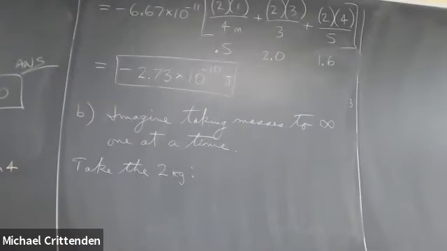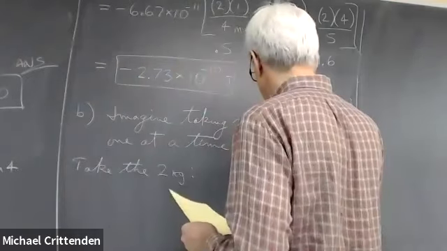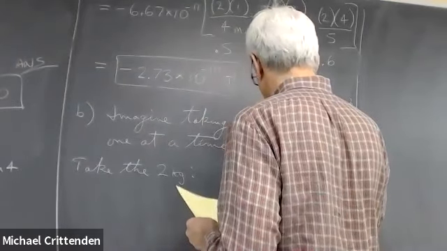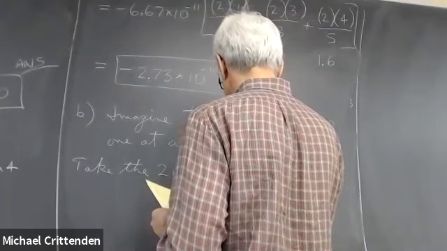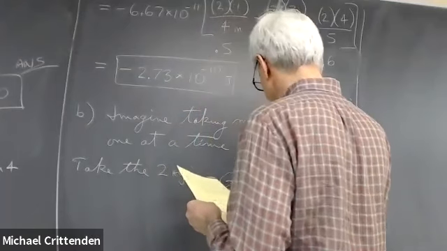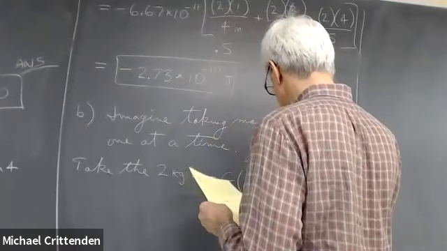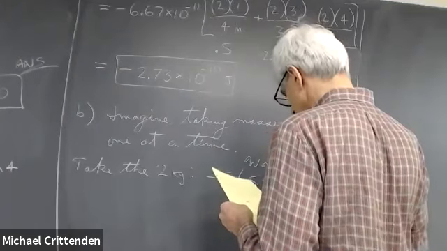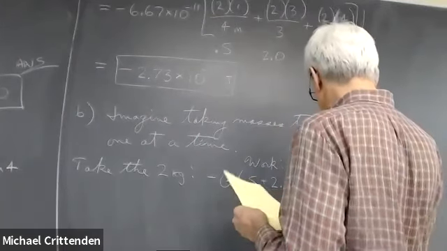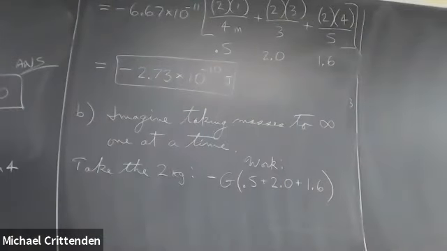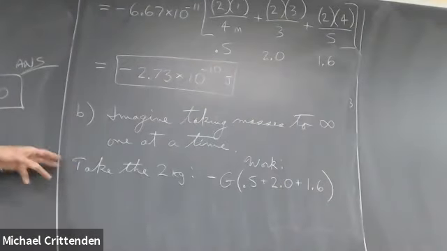Let's say that you take the 2 kilograms first, because I've already calculated that. The amount of work done to take the 2 kilograms to infinity, where its energy would be 0.